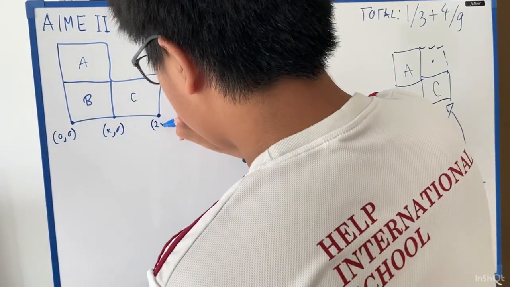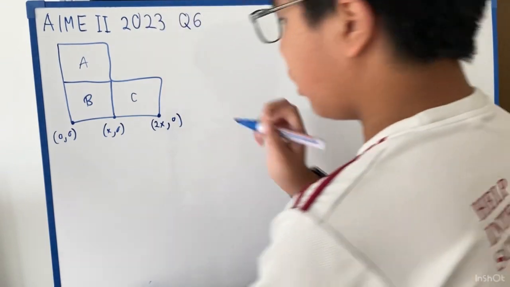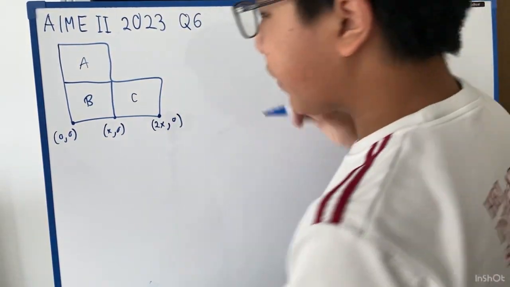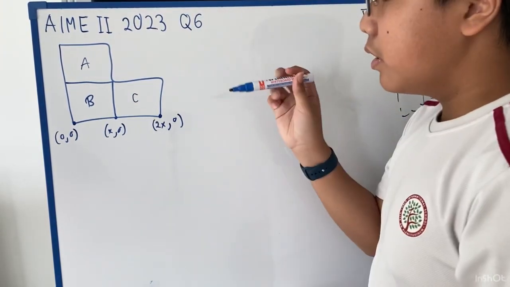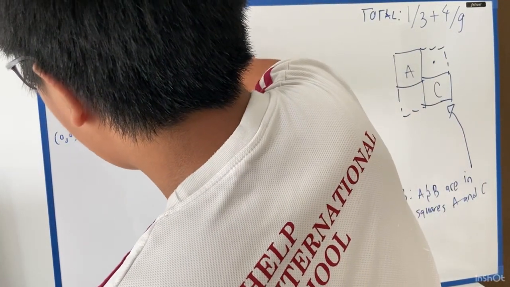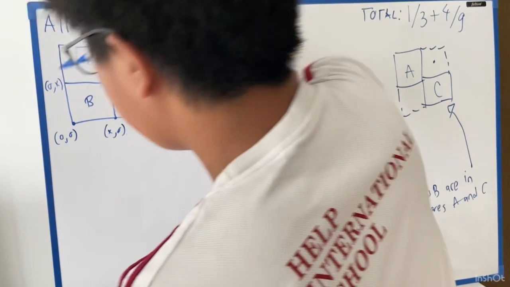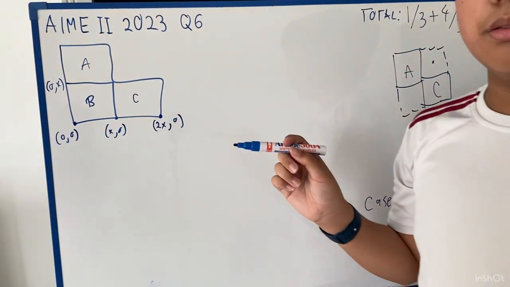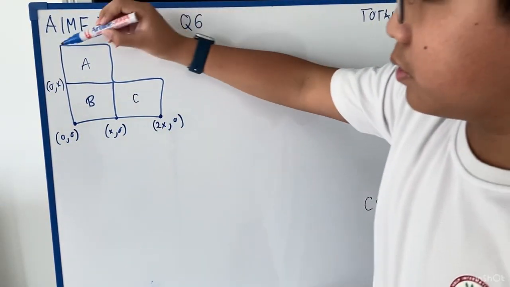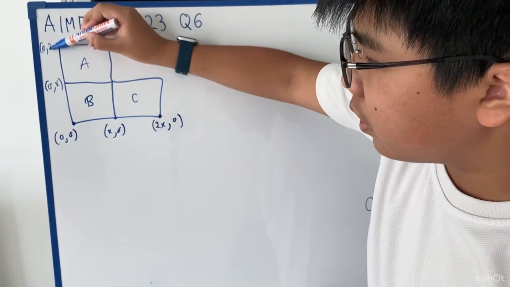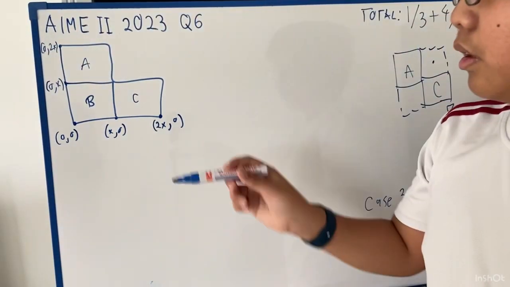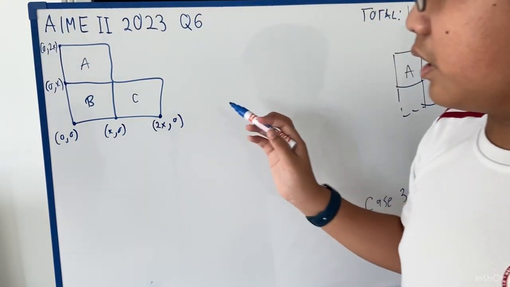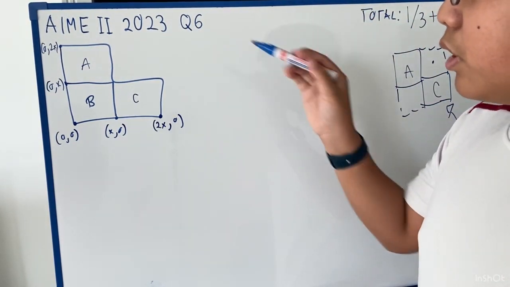So therefore, this is 2x, 0. This one is moving x up, so it's increasing the y coordinate by x also, because it's a square. And same for this one. This one is 0, 2x, and this is 0, x. And yeah, that's all we really have to know.